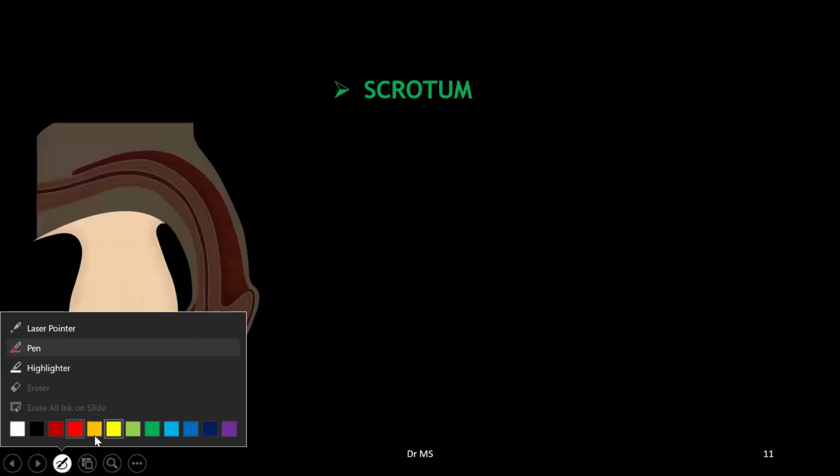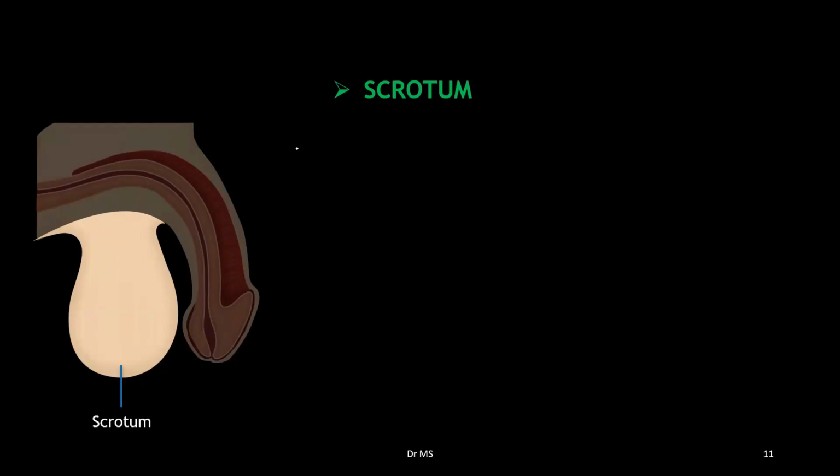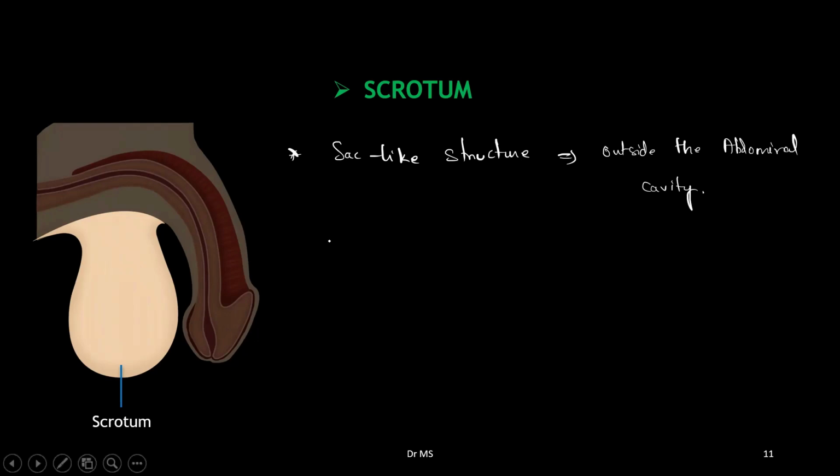Yes. So the scrotum. What is the use of the scrotum? It is a sac-like structure present outside the abdominal cavity. Remember, this is very, very essential: it should be present outside the abdominal cavity. The scrotum is separated into two lateral regions by a mid region called the raphe.